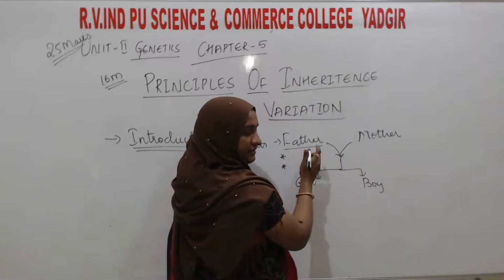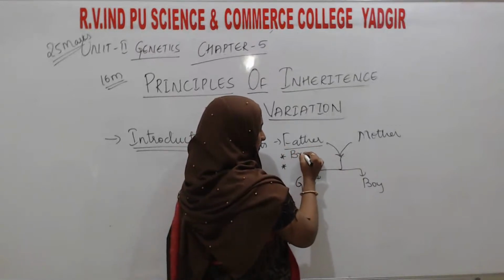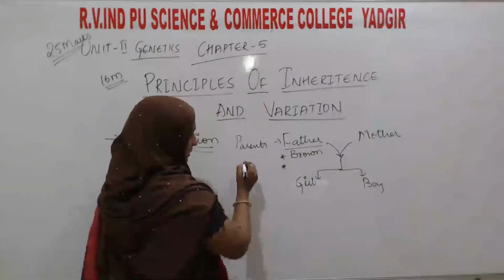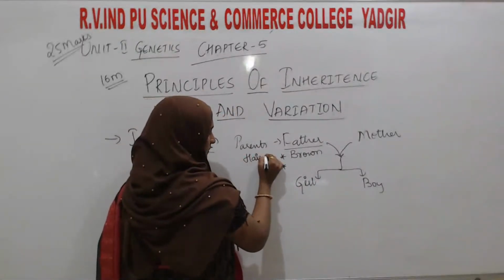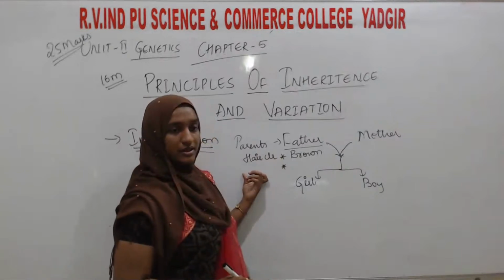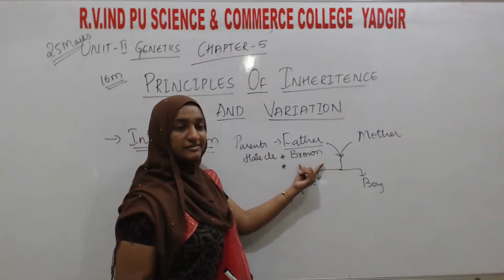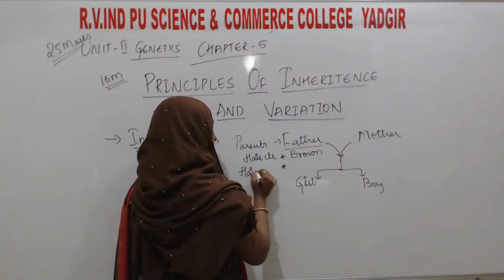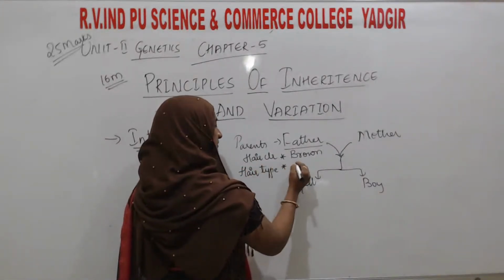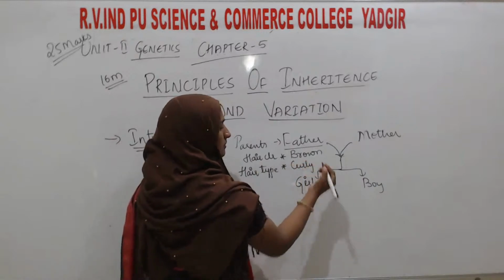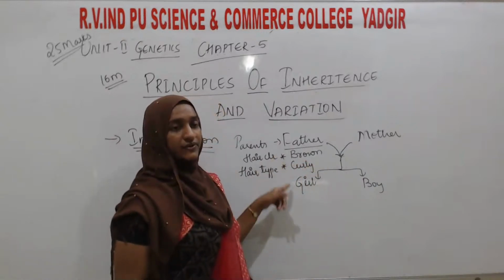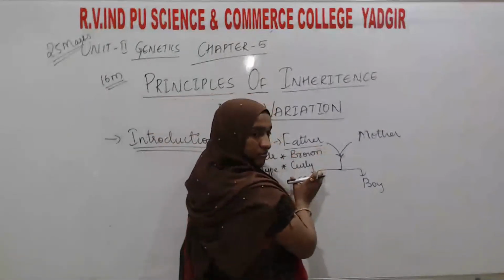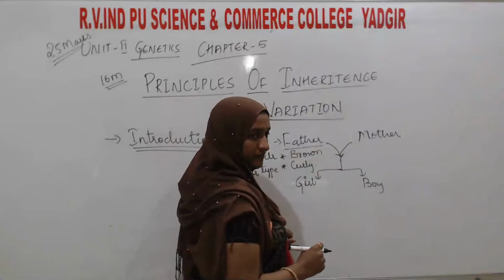Father's hair color is brown. This is the hair color. What is the hair color of father? That is brown. What is the hair type? Here it is curly hair, of the father. Okay. Then he gets married to the mother.